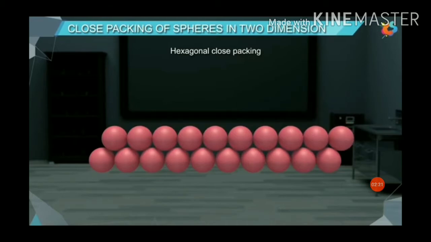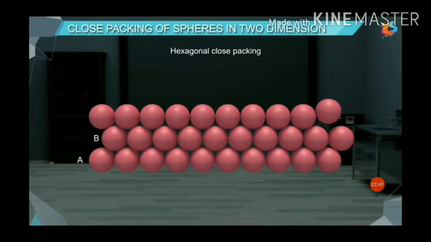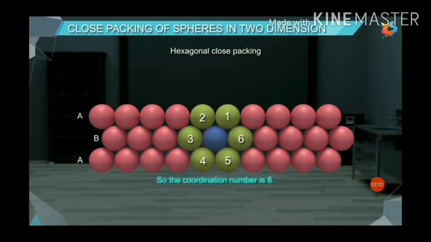Then this row is not similar to A, so this is taken as B. And the third row is placed on the depressions of the second row, which is similar to the first row A. Then we consider one particle inside this, and it is touched by 6 neighboring particles.